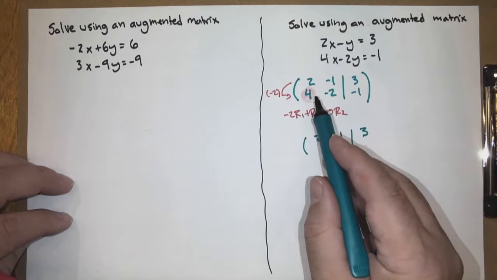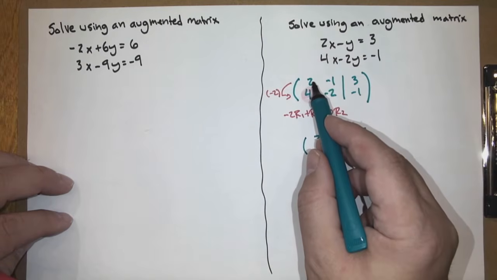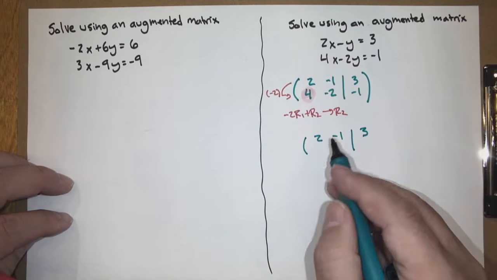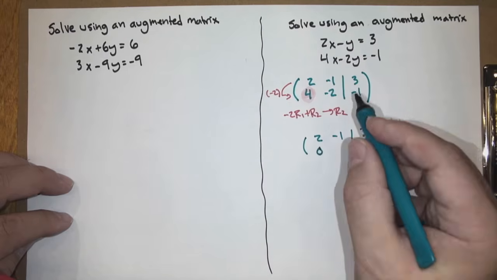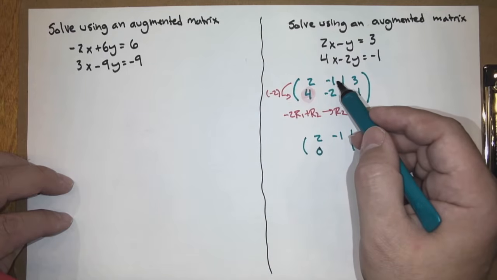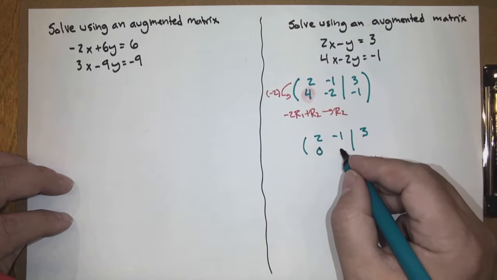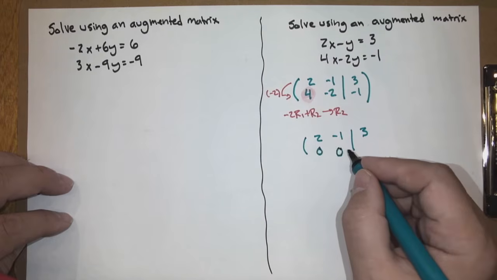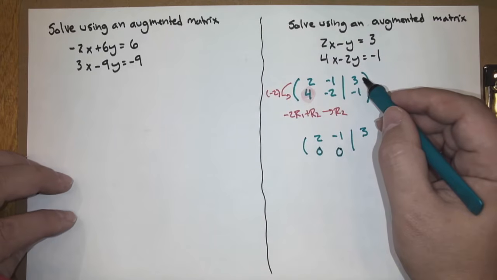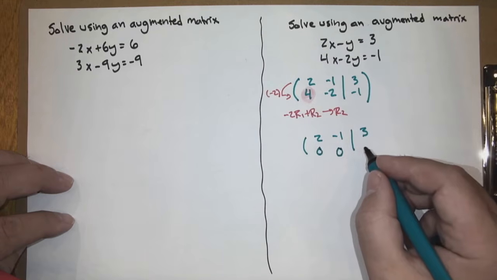But the second row, all right, so we get -2 plus 4, 0. -1 times -2? 2. Minus 2? 0. -2 times 3? -6. -6 plus -1? -7.